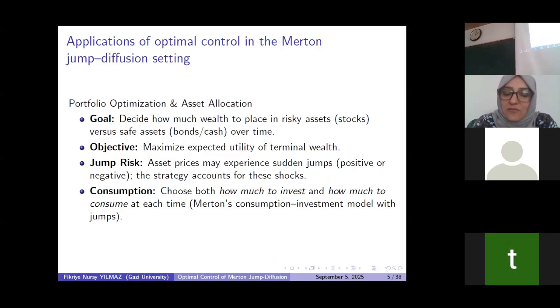And we have an objective function. We usually maximize expected utility of terminal wealth. And we may have jump effect also. Asset prices may experience sudden jumps. Also, we may have some consumption problems, and we may want to decide how much to invest, how much to consume at each time.